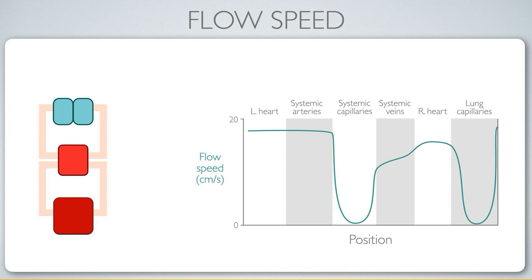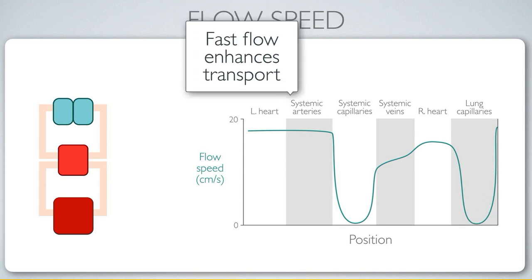So as you might expect, the flow speed is quite high in the left heart and the major arteries. It then decreases through the capillaries, increases in the veins, the right heart, and then finally it will decrease again in the capillaries for the lungs, where exchange occurs. So the fast flow, this is exactly what you would hope for.